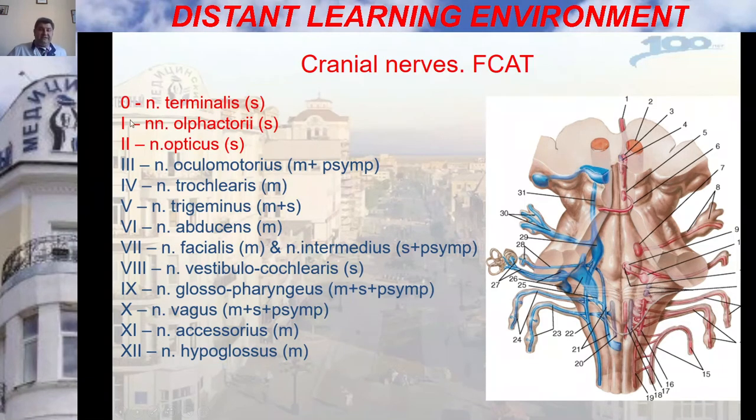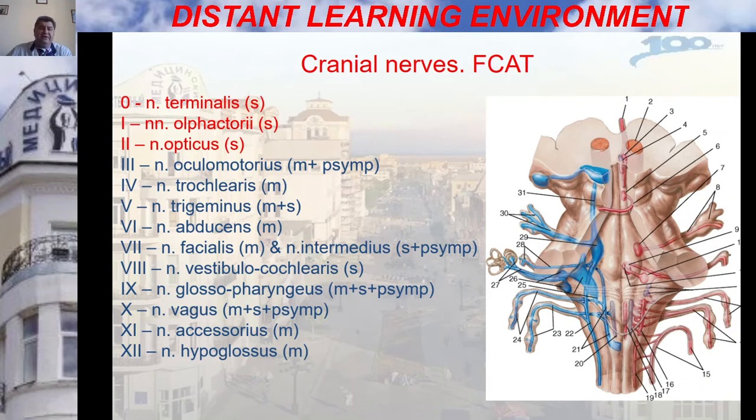The zero pair is nervus terminalis. The first pair are nervi olfactorii, maybe 18, 20 nerves here.